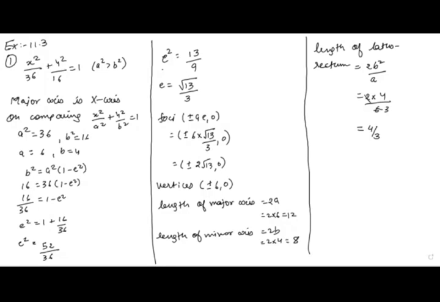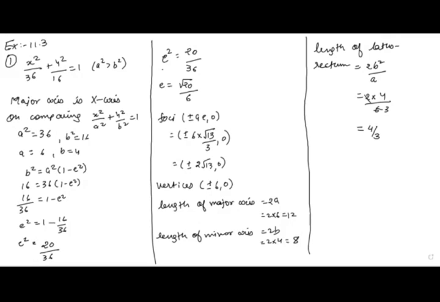We did one mistake over here. You can understand that this will be minus over here. Taking plus 16 by 36, it will be minus. So 16 minus 20. So this will be 20 by 36, and this will be root 20 by 6.